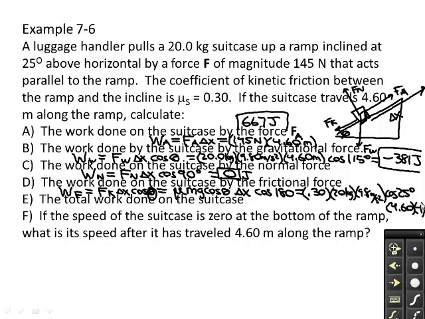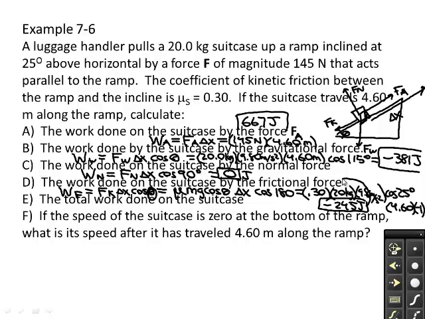So let's see if I can punch this all in correctly. 0.3 times 20 times 9.8 times the cosine of 25 times 4.6 times negative 1. The answer is negative 245. Okay, that's the answer for part D.